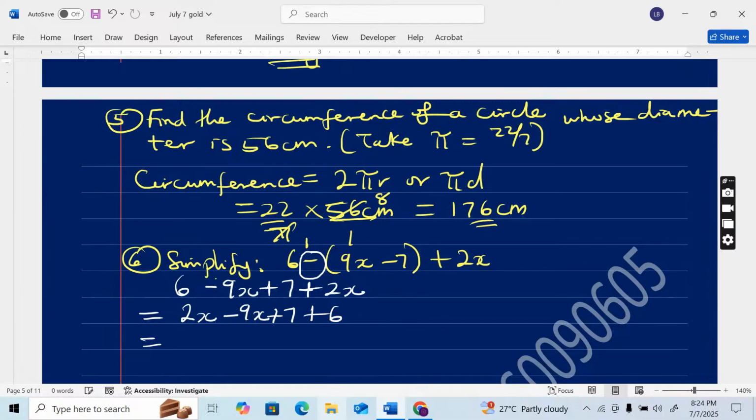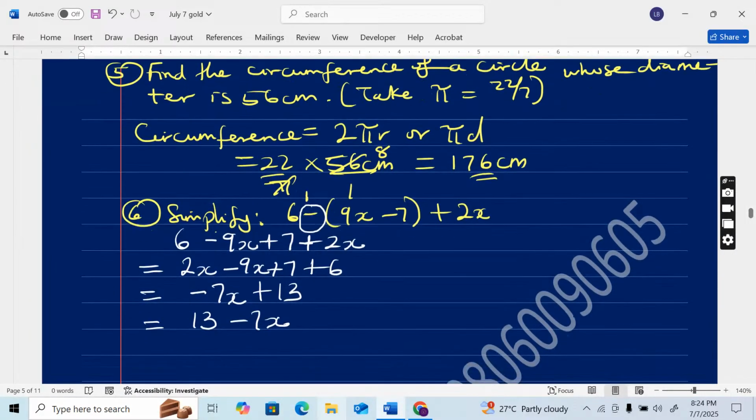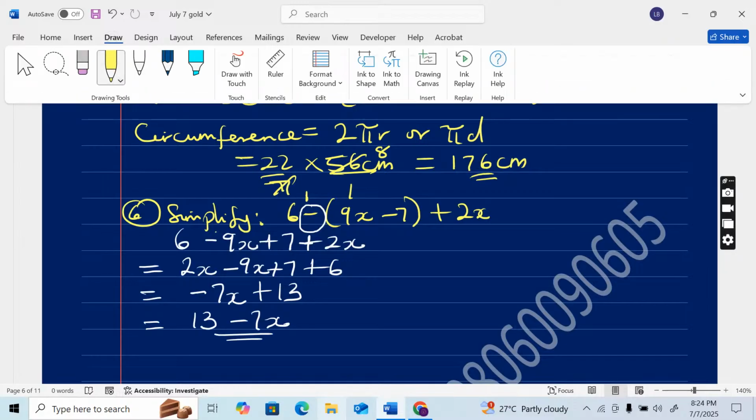So 2x minus 9x will give us minus 7x. Then 7 plus 6 is 13. You can rewrite it by writing the positive term before the negative term. So that's 13 minus 7x. All right, I'm moving on to question 7.